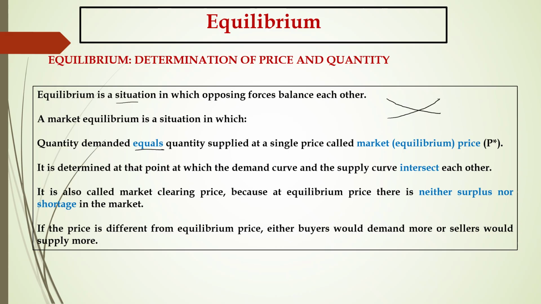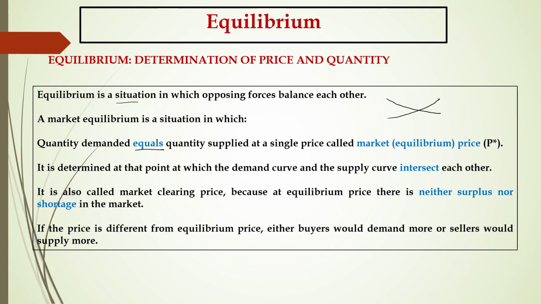If the price is different from equilibrium price, either buyers would demand more or sellers would supply more. When the buyer demands more, there will be a shortage, and when the seller supplies more and the demand is less, it results in a surplus.